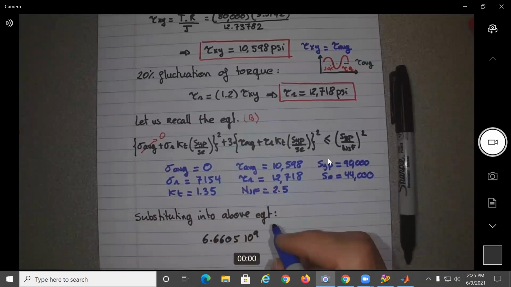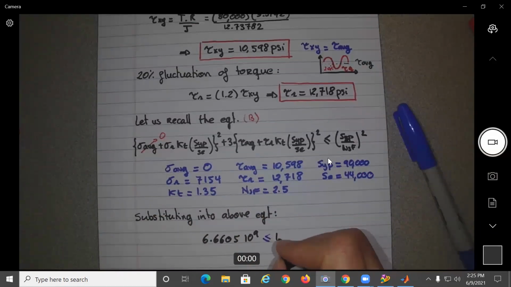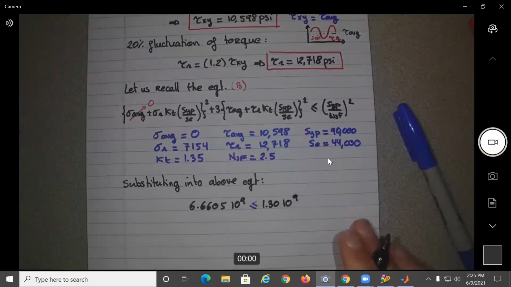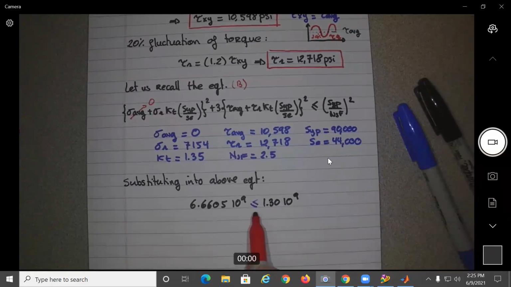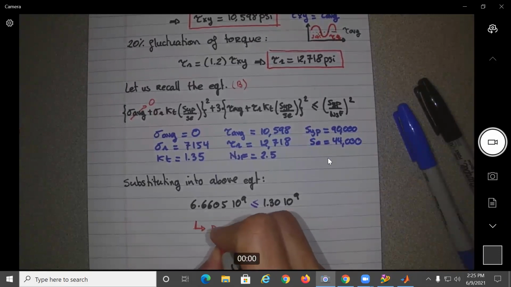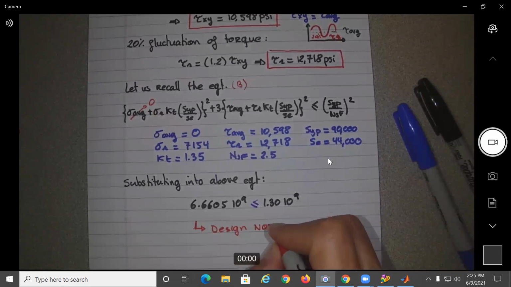In order to be safe, it should be lower than or equal to 1.30 times 10 to the 9, which actually, what happened? This is not true, no? This is not satisfied. So what does that mean? That the design is not safe.